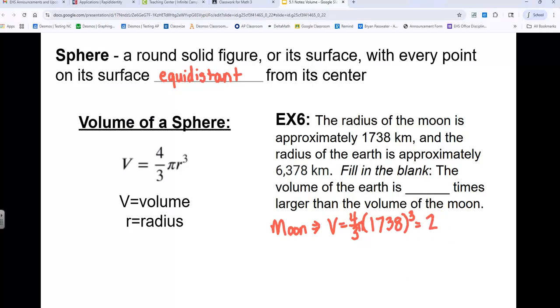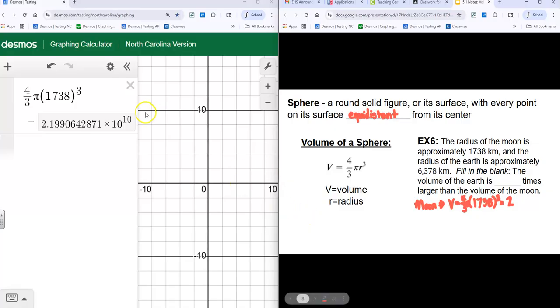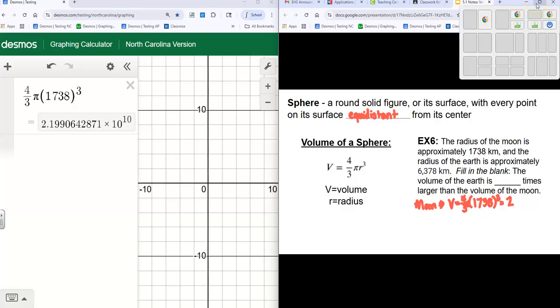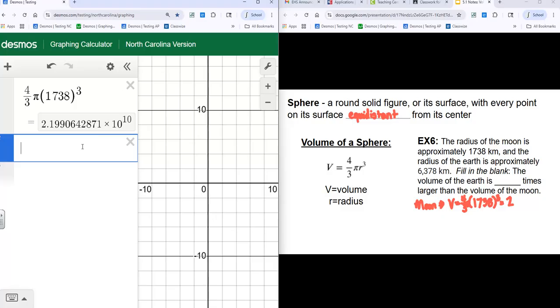So we're looking at 2.19... Let's just use scientific notation, and I'm going to round it a little bit: 2.199 times 10 to the 10th.